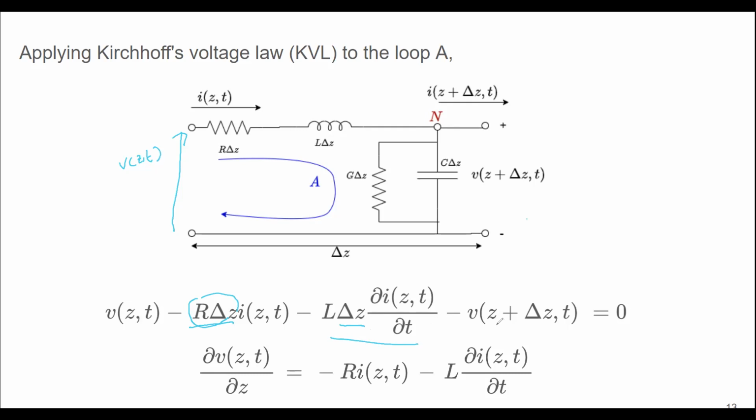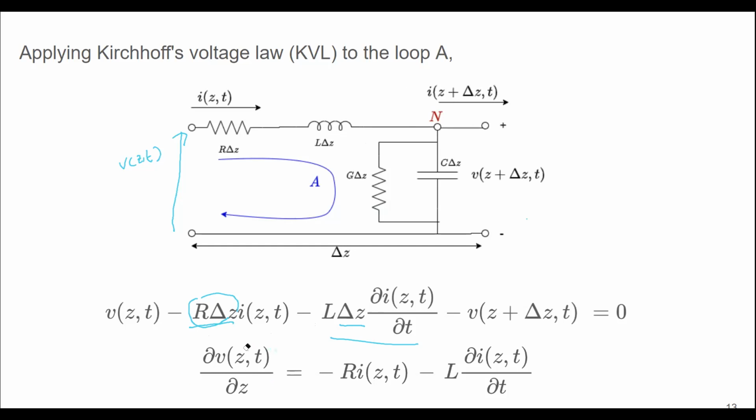And then we have the voltage at the load end, or the opposite end of delta Z, that is minus V(z plus delta z, t). And once we take the components of V(z,t) and V(z plus delta z, t) onto one side, we can consider that expression as delta V over delta Z, right?